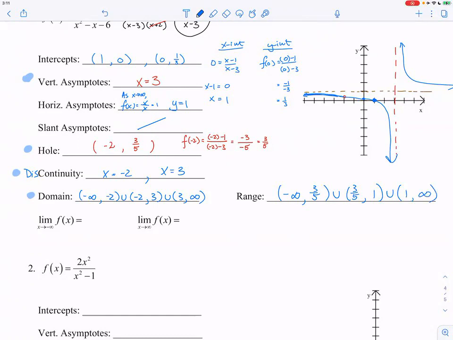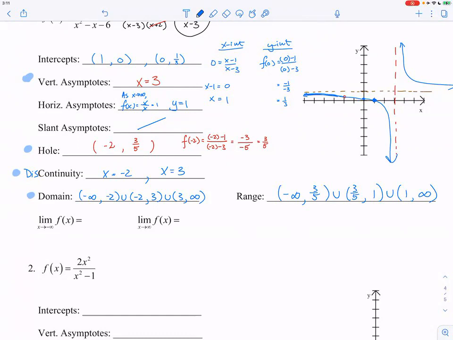Again, for domain, you scan the graph from left to right and see where you stop. For range, you scan the graph from bottom and up, and you stop right here where the hole is, and then you keep going, and then you stop at the horizontal asymptote, and then you just keep going upward.